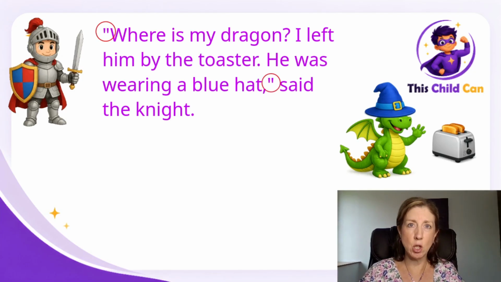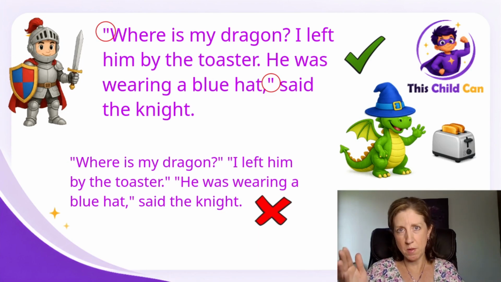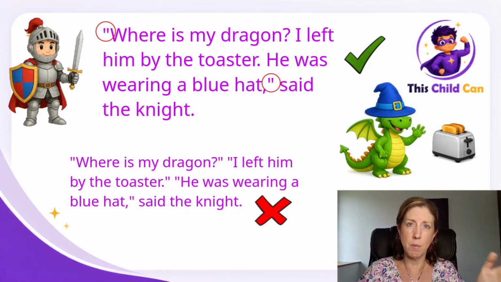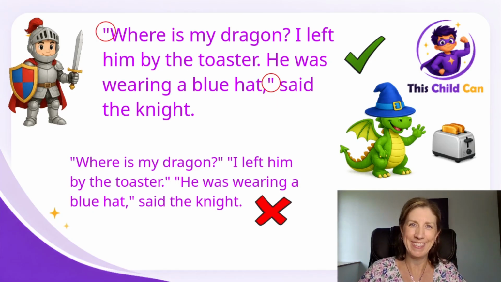And if we look here at this common mistake, children often put speech marks at the beginning and end of each sentence, not at the beginning and end of the speech, which is where they should go. So the key question to ask here is, is it just one person speaking? And if so, the speech marks go at the start of the speech and you don't close the speech marks until the person has finished speaking, no matter how long they speak for.